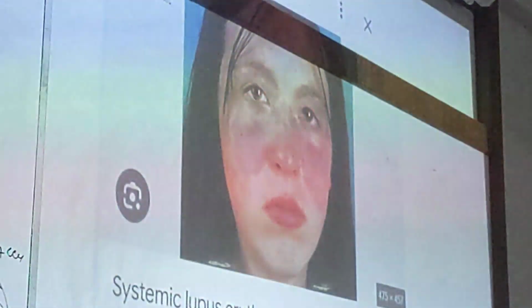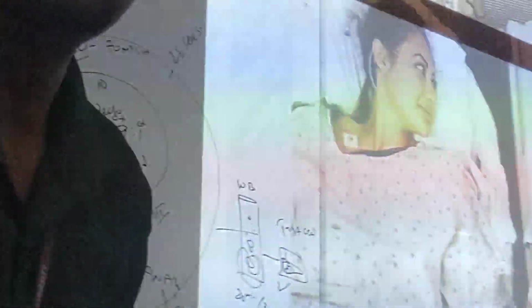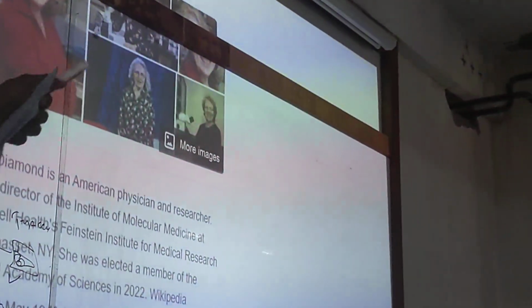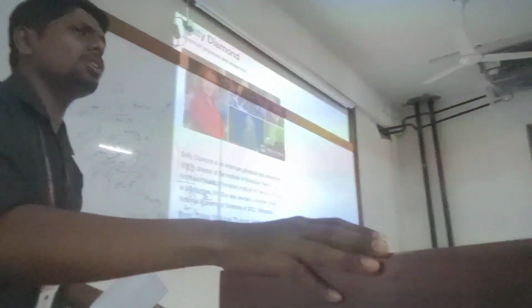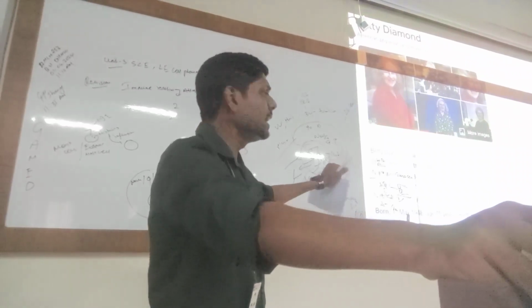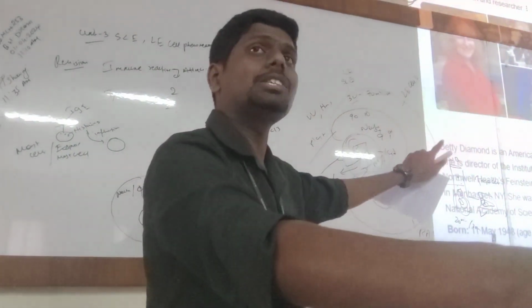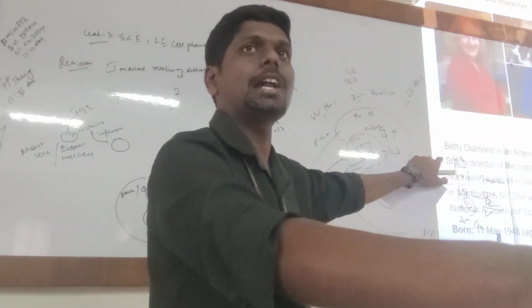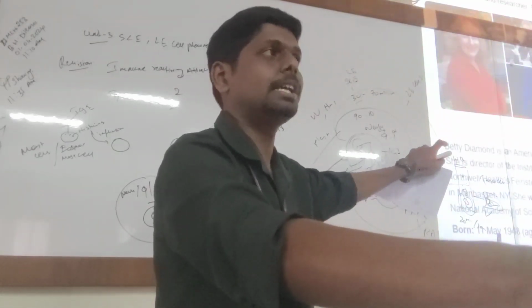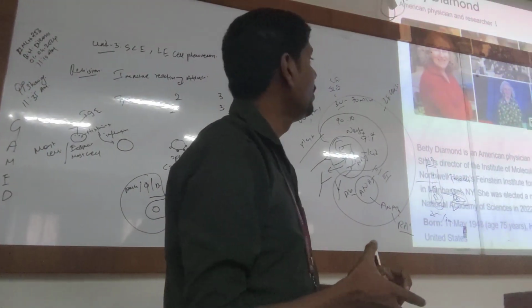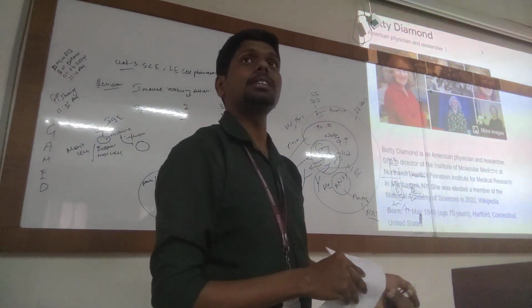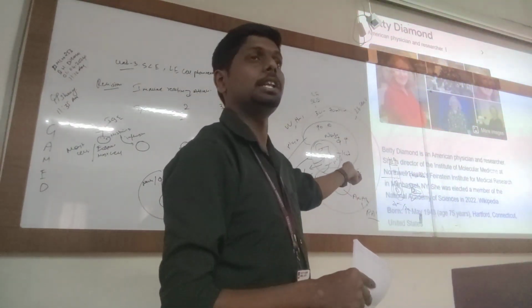I will move forward. Next one, there is a scientist called Betty Diamond. Betty Diamond did very good research on SLE, and she standardized global criteria for detection of this disease, and she has also developed some treatment strategies to minimize the complications in these patients.